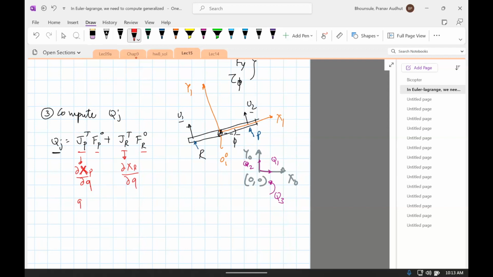So this q here is x, y, phi, right? And xp and xr should be the positions with respect to frame 0. So xp would be the position of point p in frame 0, phi p in frame 0, and then orientation in frame 0.